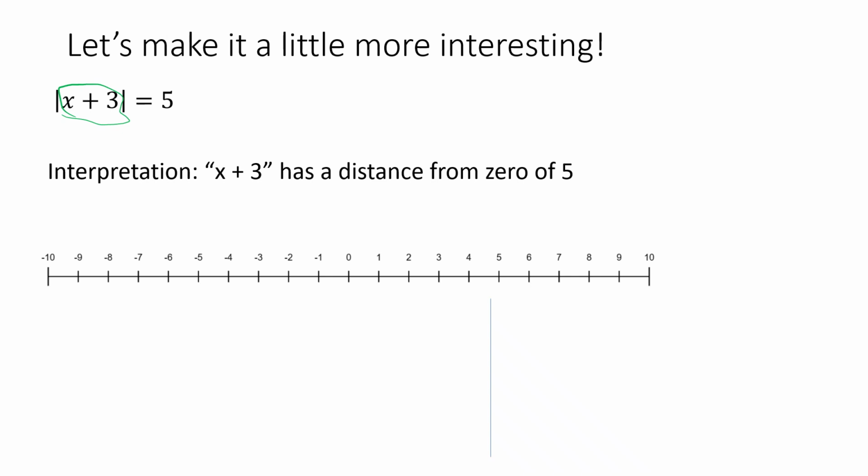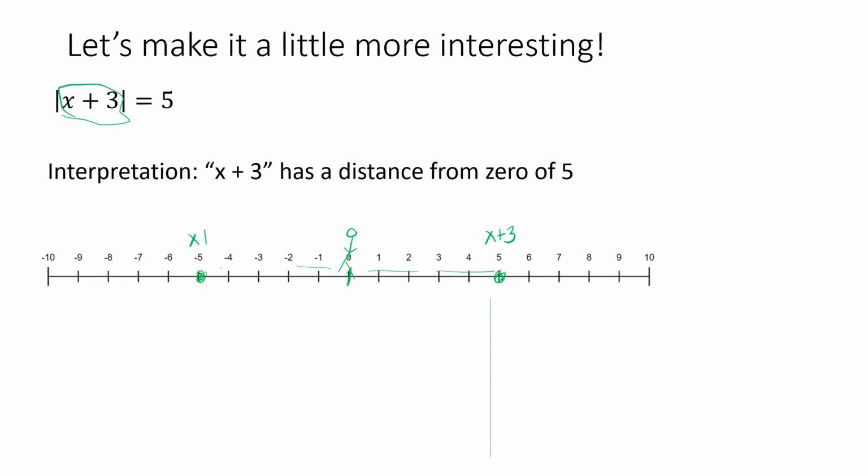Well, here's our 0. And we're talking about that distance from 0 being 5. So we know that we can go 5 to the right, or we could go 5 to the left. So we've got two possible situations there. Well, what is it that has a distance from 0 of 5? It's X plus 3. So instead of X being at the 5, it's X plus 3. X plus 3 is the thing that has the distance from 0 of 5.